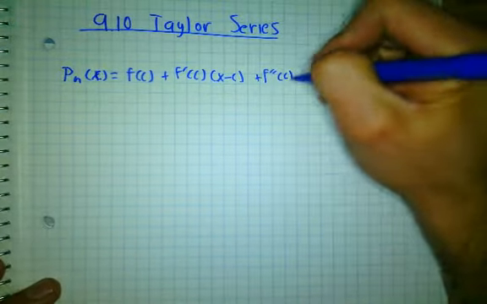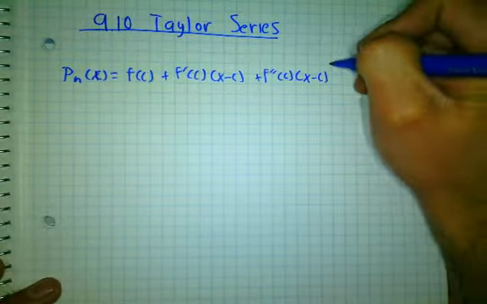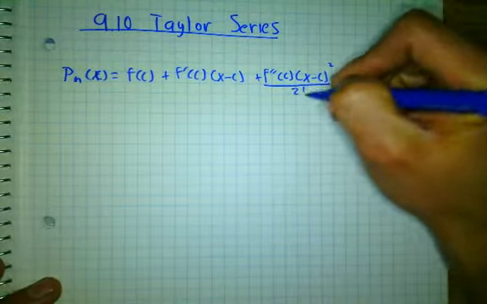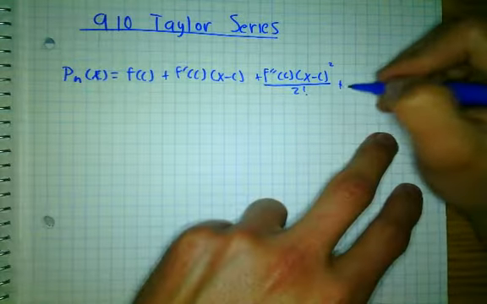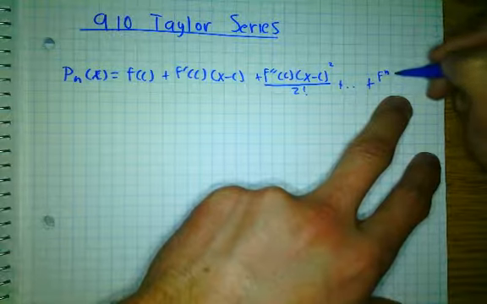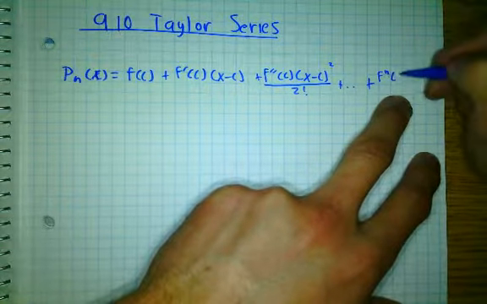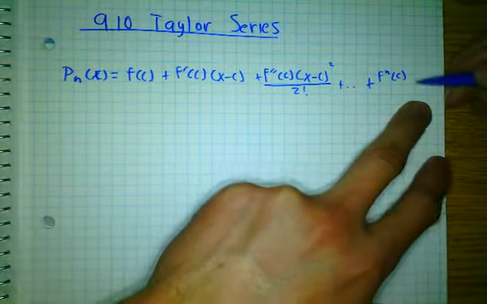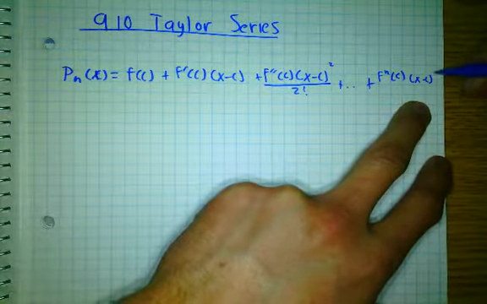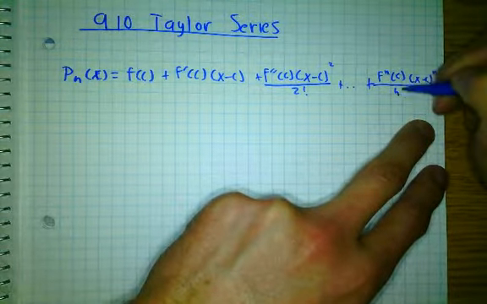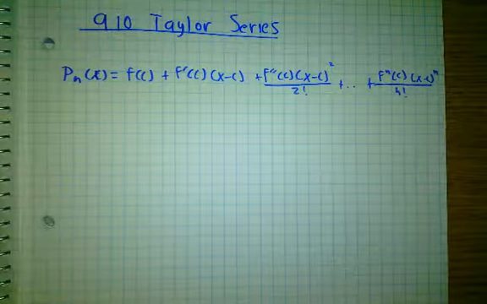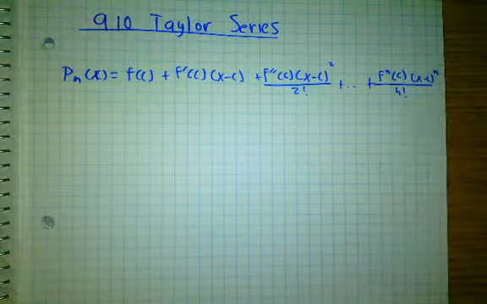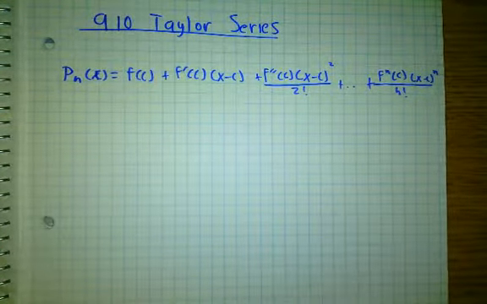Plus f double prime of c times x minus c squared over 2 factorial. So technically it's the nth derivative of f evaluated at your center, times x minus c to the n, over n factorial, right? That's what a Taylor polynomial is. You stop at your nth derivative. Agreed?